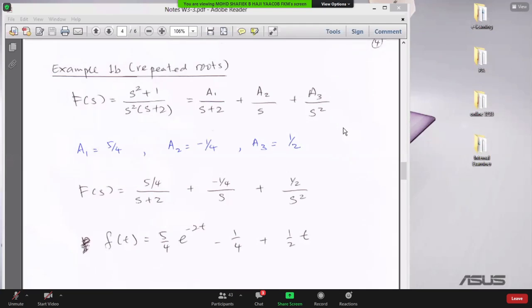Okay, so with that aside, we are still talking about this partial fraction thing. How can we perform the decomposition using partial fraction? There is a special case here that we have not talked about.